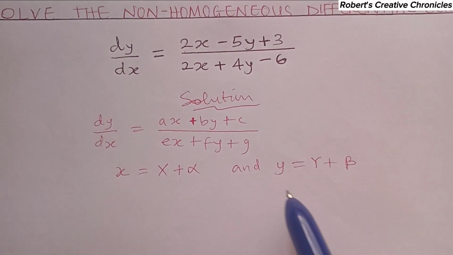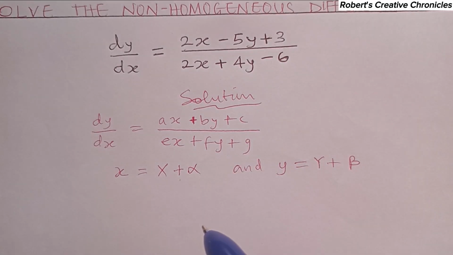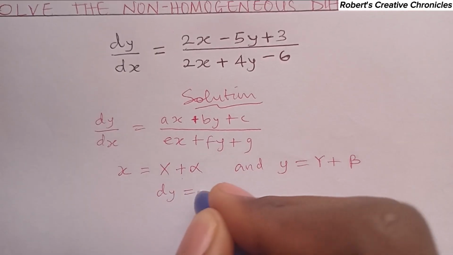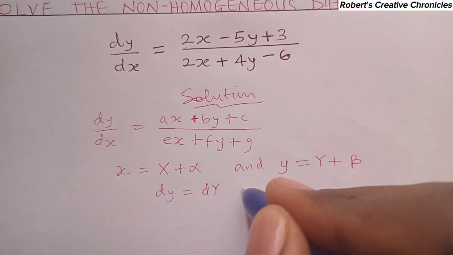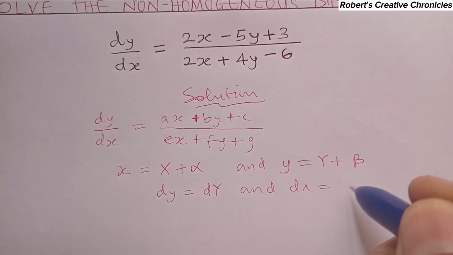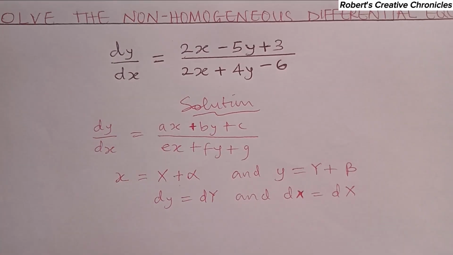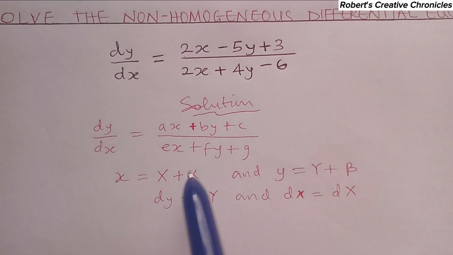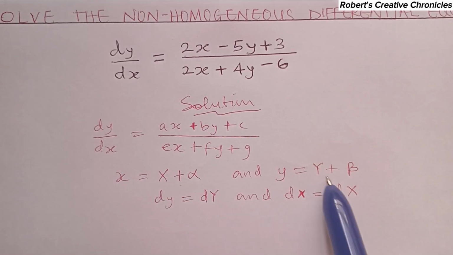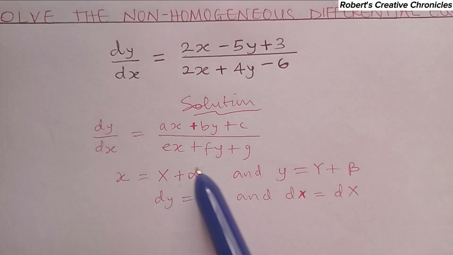These are the two substitutions we're going to make to reduce it to a homogeneous equation, such that dy now becomes dY, and dx becomes dX. So now we will substitute this into this equation so that we will find alpha and beta.